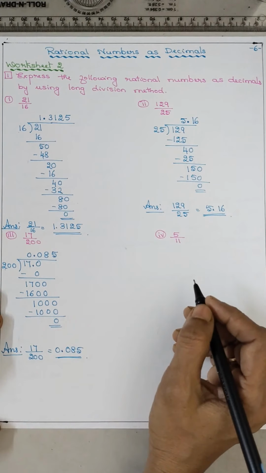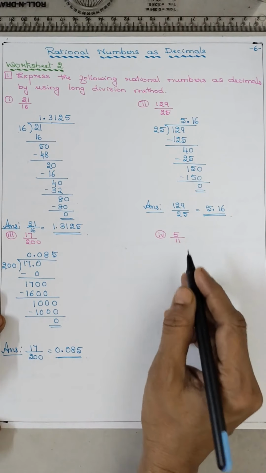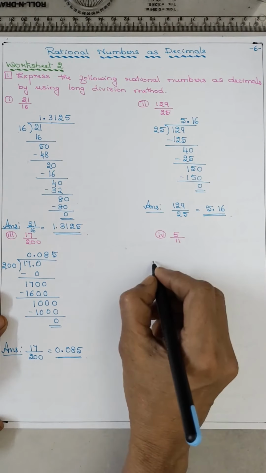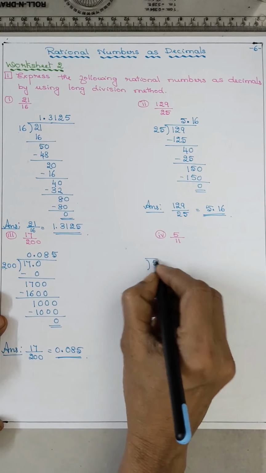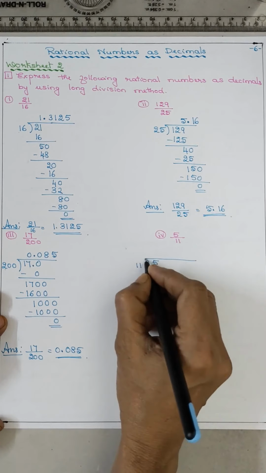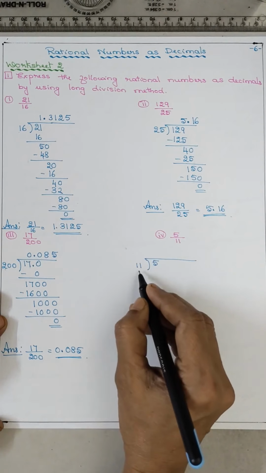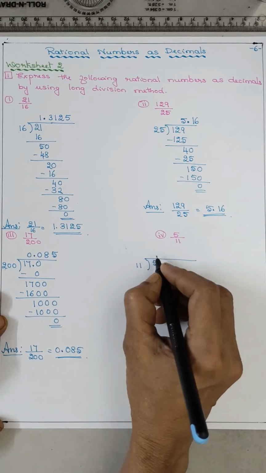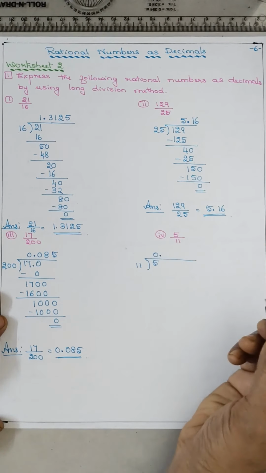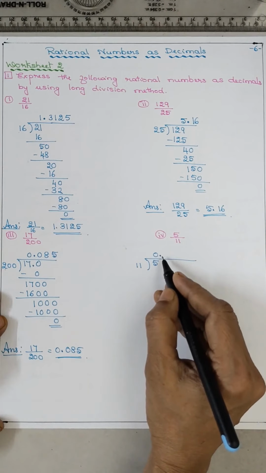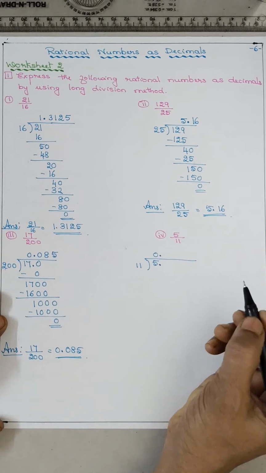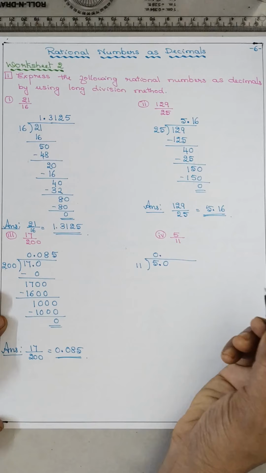Now coming to the fourth sum, 5 upon 11. So 5 divided by 11. Now 5 is smaller than 11. So zeros are immediately decimal. And here also put the decimal point and take extra 0.